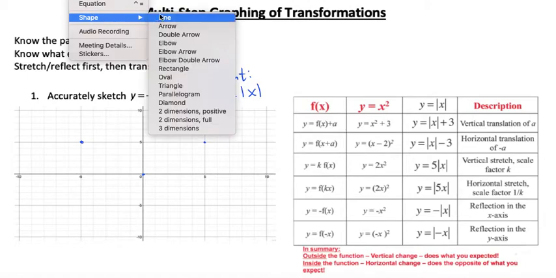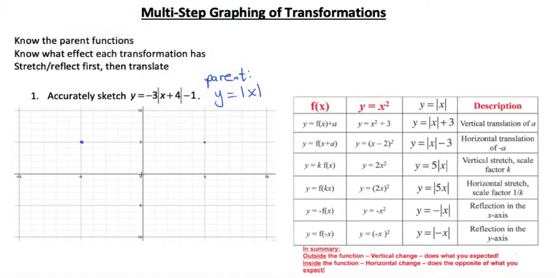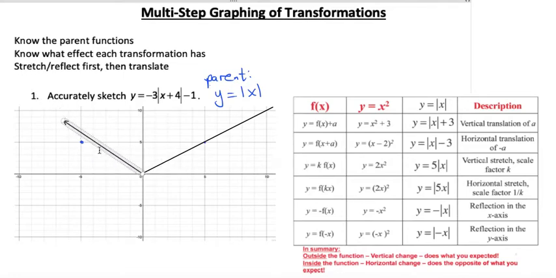Let's draw that parent. There it is, and you know that at 10 will be at 10, and here as well. Going through 5 and 5, and 10 and 10. And so that's our parent graph.